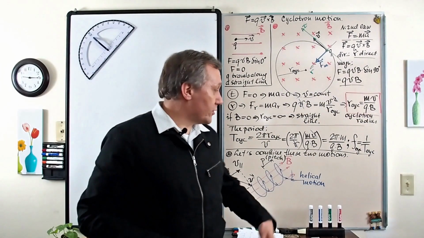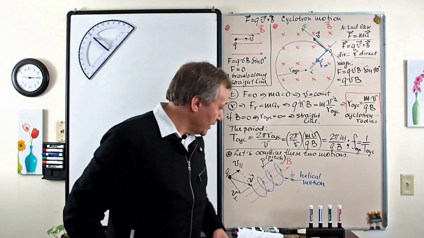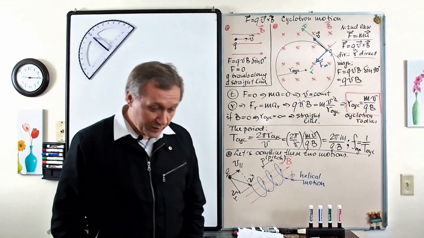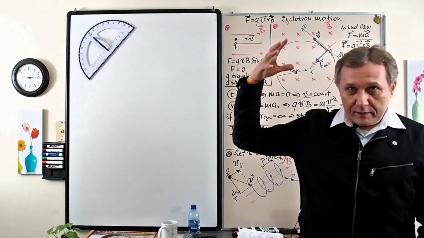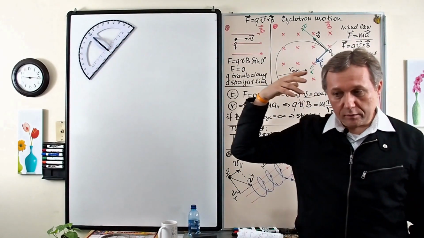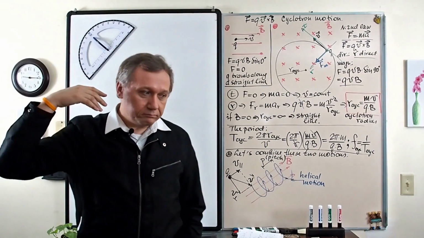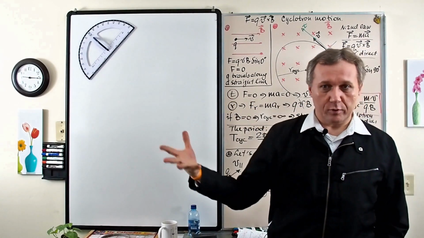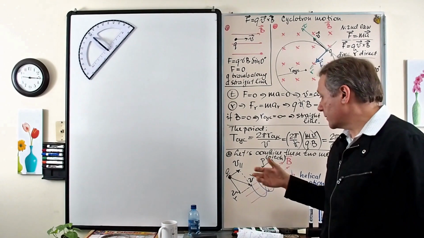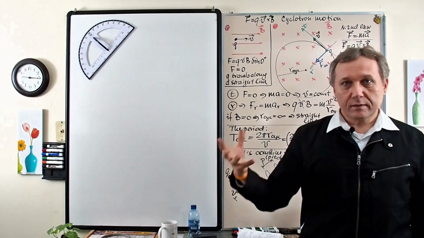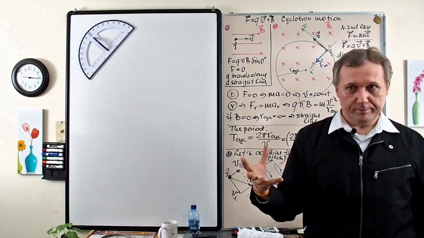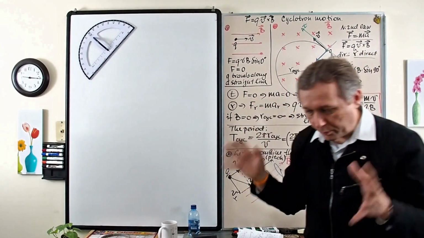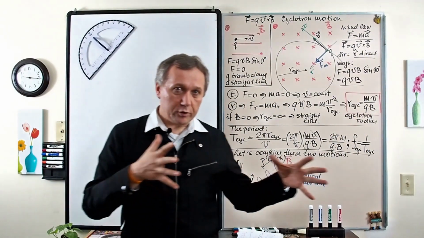Now there are tremendous consequences of this simple motion. Because of this simple helical motion, we are still alive on this face of the Earth. Why? We have the sun. There are lots of processes happening inside of the sun, and as a result, the sun produces tons of high energy particles, and those high energy particles travel in space in all possible directions, and of course some of them travel towards the Earth.